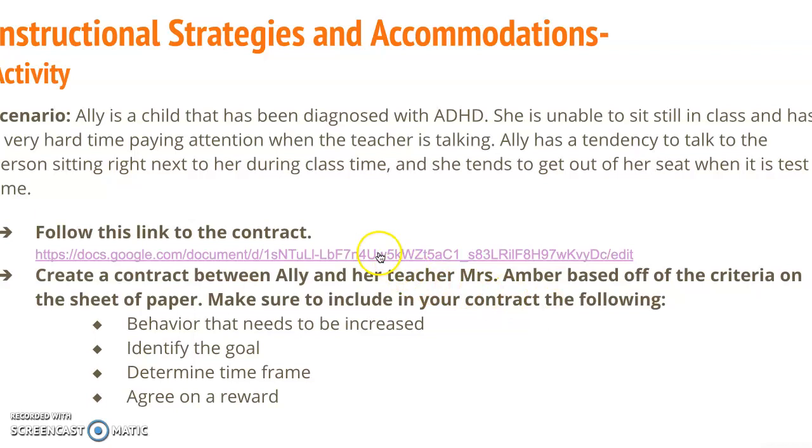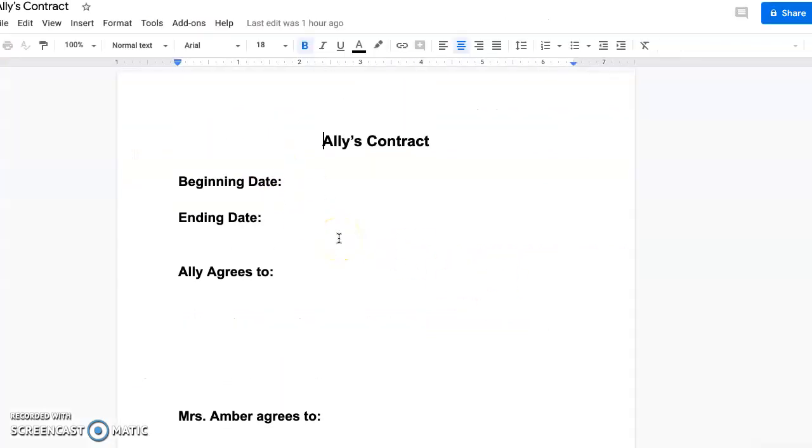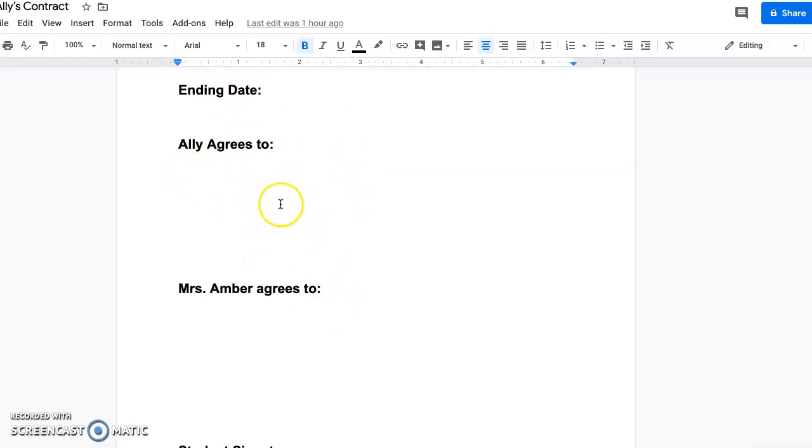I want to take a look at this contract here. Start with your beginning date. When are we going to start this? And your ending date. This is Allie and Mrs. Amber. This part is where you talk about your goal and what needs to be increased. What action needs to be increased? What are the steps you're going to take to increase that?